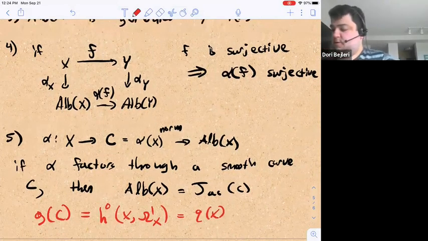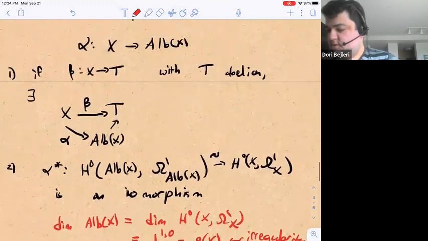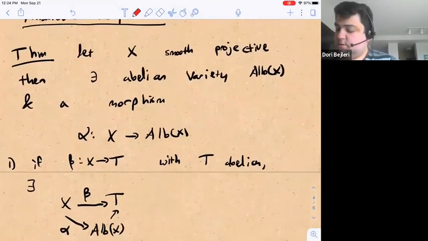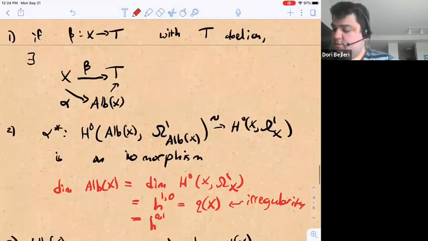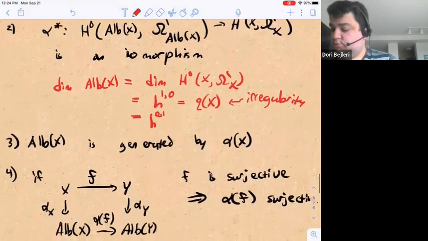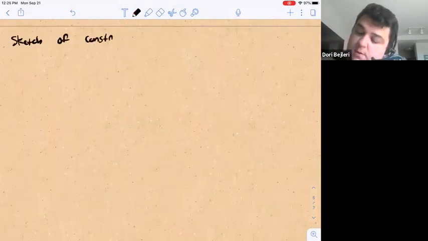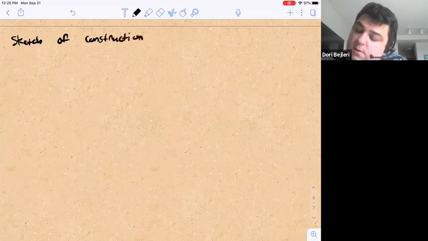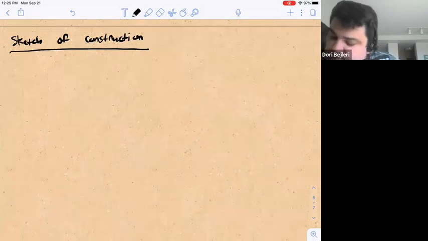Okay, let me maybe scroll through all those parts again. So in general, what are abelian varieties over the complex numbers?